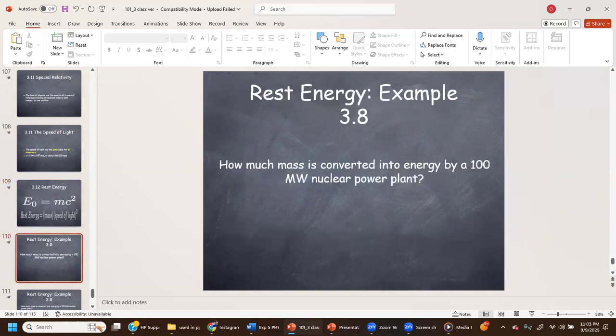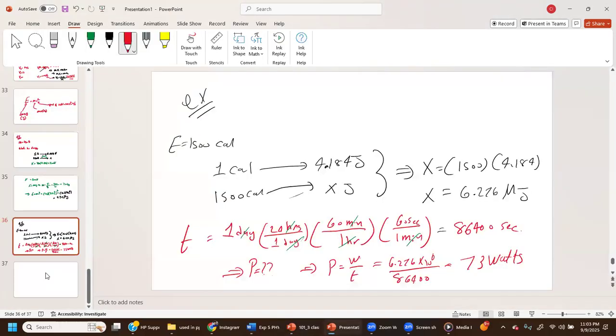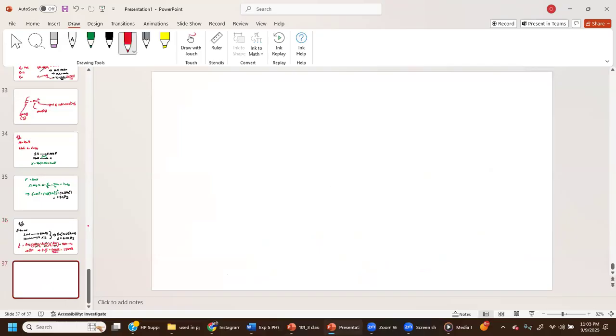So if I ask how much mass is converted into energy by a 100 megawatt nuclear plant, let's say in one day, this is our example 3.8.